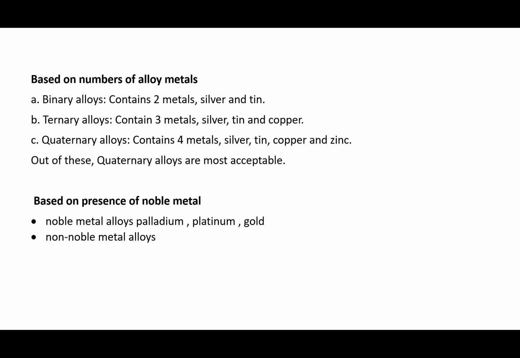Based on number of alloy metals, containing 2 metals is called binary alloy, containing silver and tin. Ternary alloy contains 3 metals: silver, tin and copper. Quaternary alloy contains 4 metals: silver, tin, copper and zinc. Out of these, quaternary alloys are the most acceptable.